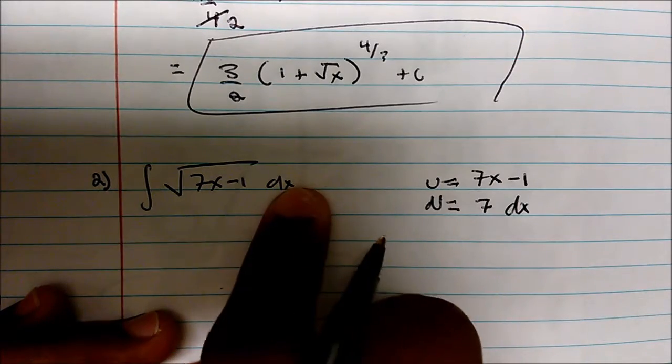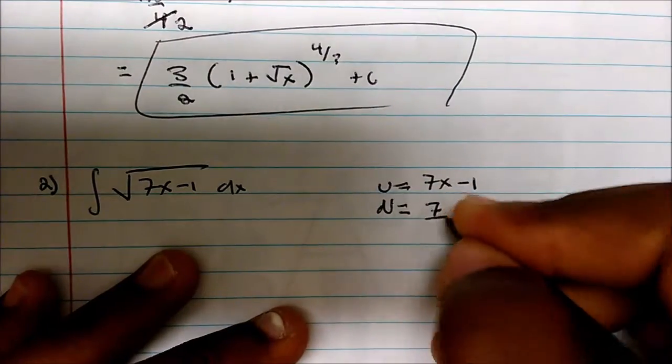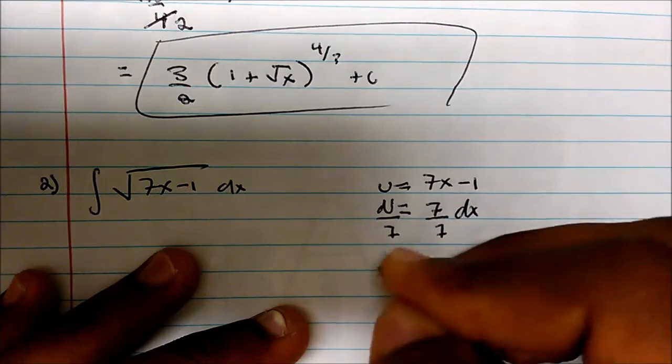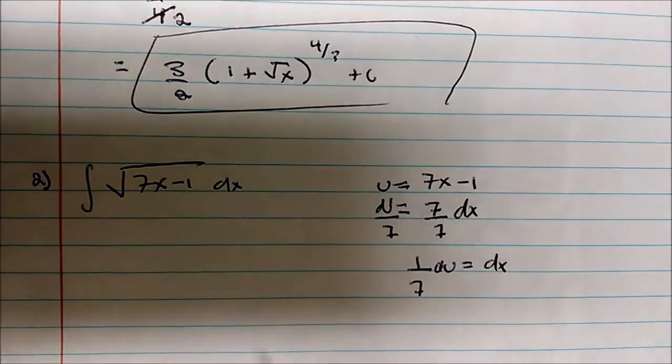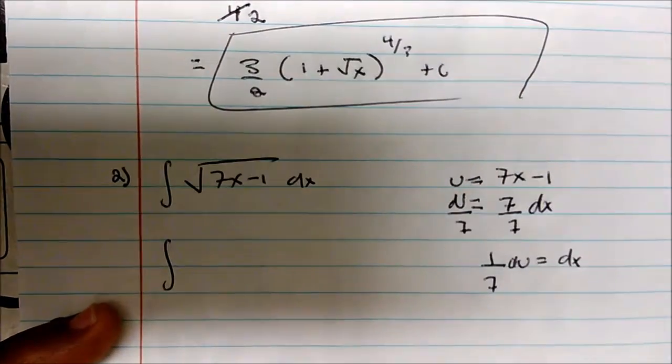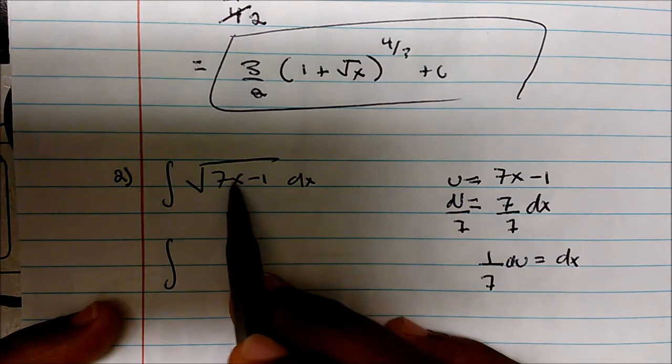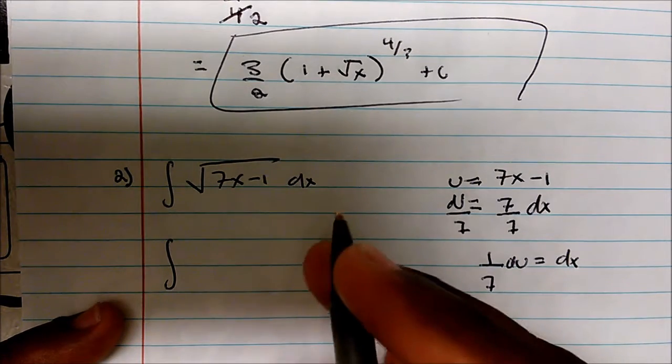Well, I have 1 dx here. So if I divide by 7 on both sides, then 1/7 du will be dx, which is exactly what we have here.